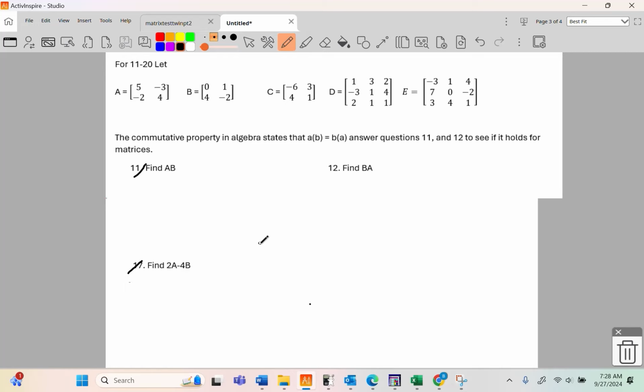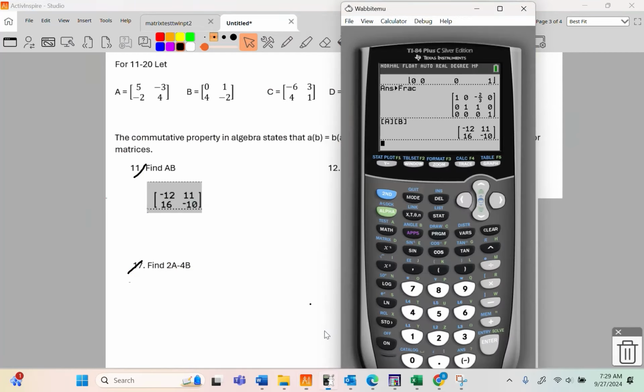Although truth is, a 2 by 2 I could probably do faster in my head than pushing buttons in a calculator. And you might be that kid. I wouldn't worry about matrix multiplication myself unless it was probably a 4 by 4. Then I'd probably use a calculator. But that's just me. And I'm weird, and I know it.